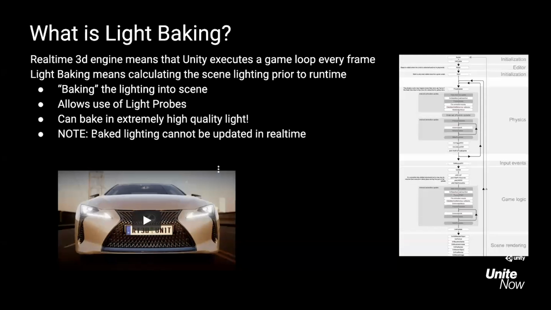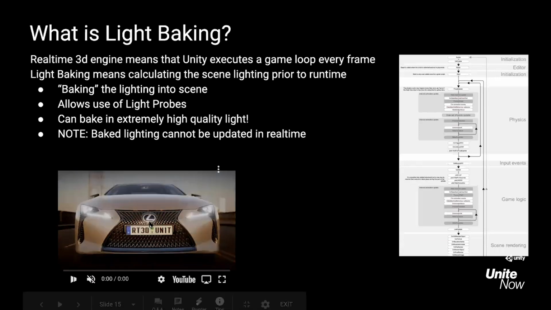It's important to note that baked lighting cannot be updated in real time, and while this may seem like a limitation, it's really just a consideration, right? We can focus on certain areas of our projects, and we can use some of the tricks like light probes, which we'll talk about shortly, to make sure that our scenes are looking really great.